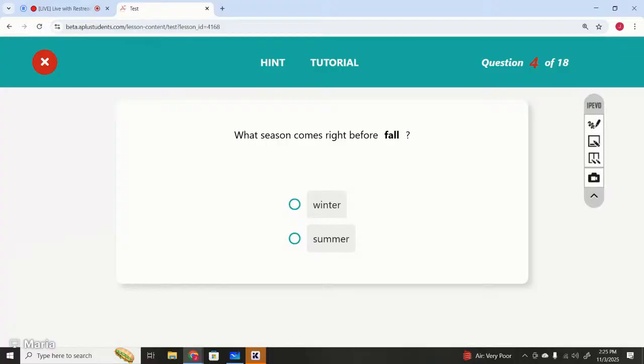What season comes right before fall? Right before fall it is winter.